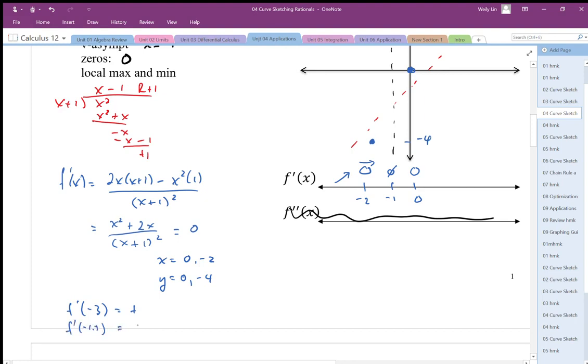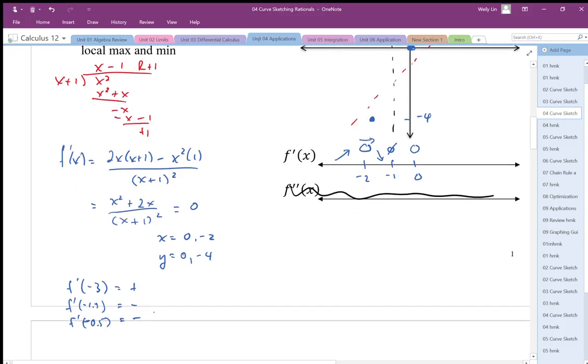That's going to be negative, so I know it's going down in here. f prime at -0.5 is going to be negative when I plug it in, so it's going to be going down through there. It's going to have 0 slope through here. And then f prime at 1 is going to be positive, so it's going to go up like this.